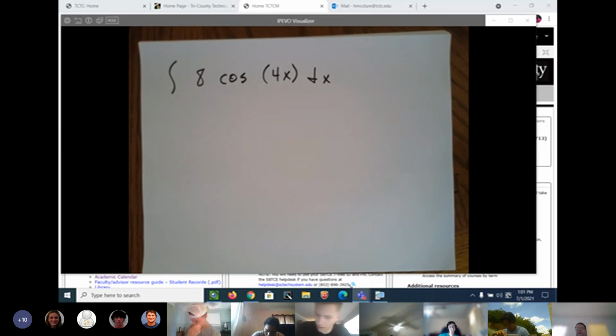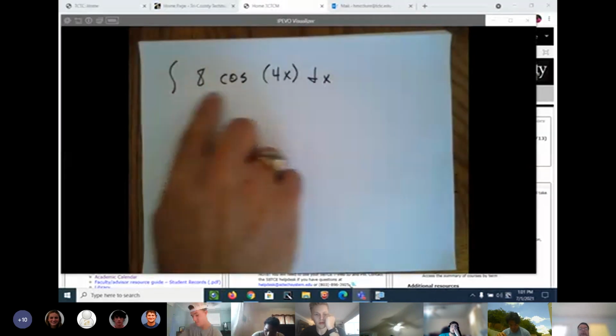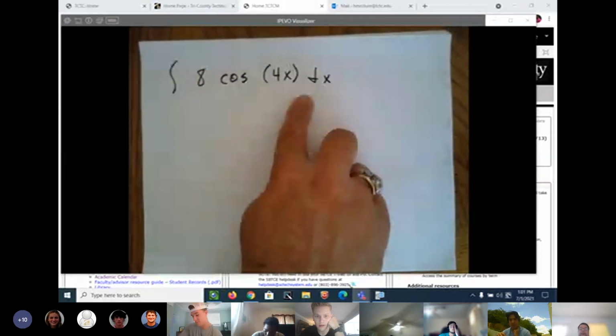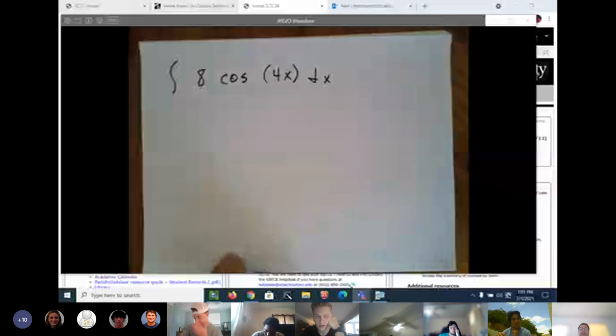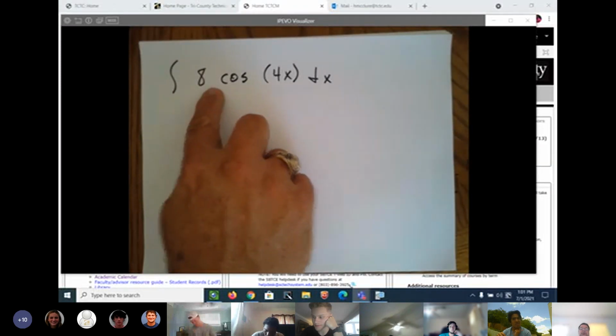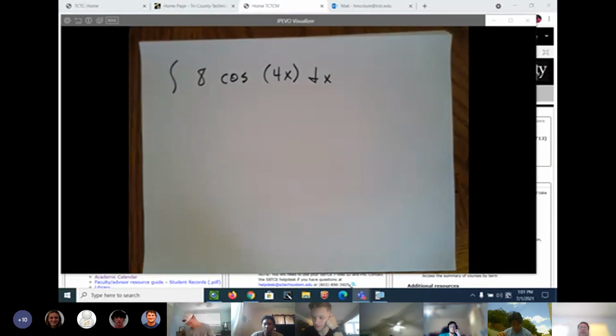You got a cheat sheet for the cosine. I want you to focus on u and du. You need to rewrite this because it's not in the way that you want it. That 8 needs to go with that dx. And then I want you to find u and du and see if you can make it match.